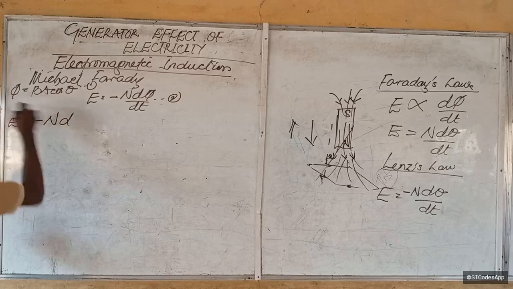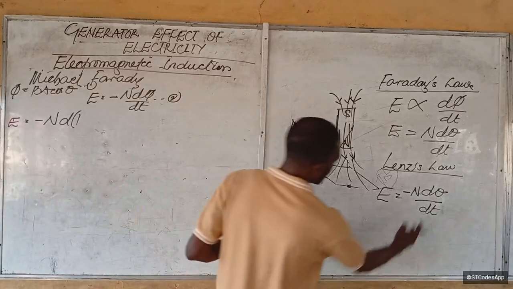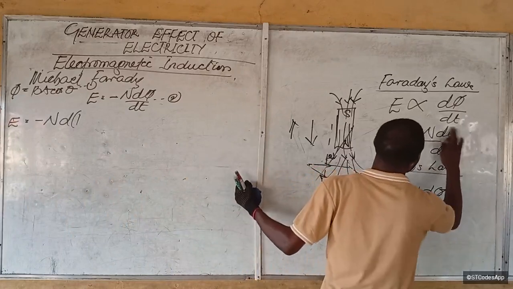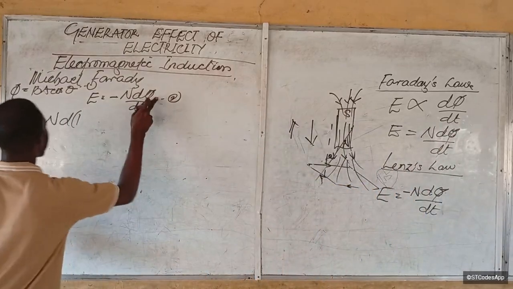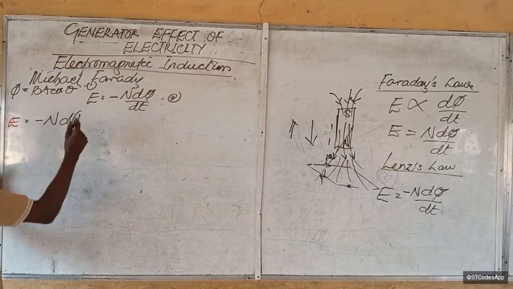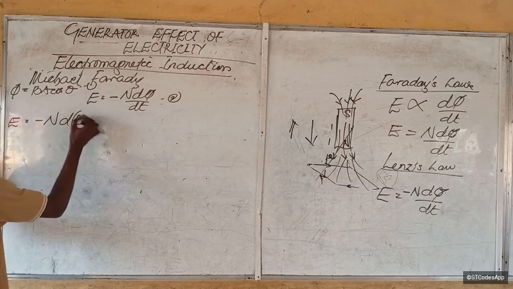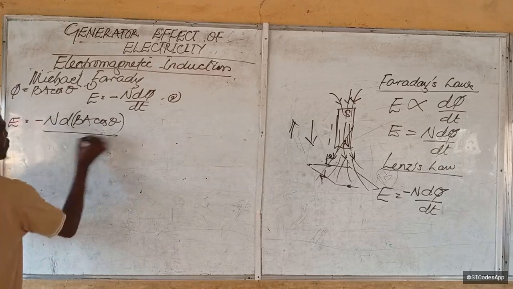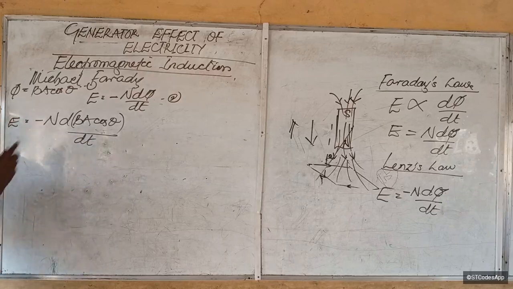What is the φ now? Because φ is not the θ, please. This φ is BA cos θ. Does this make sense? All over dt.